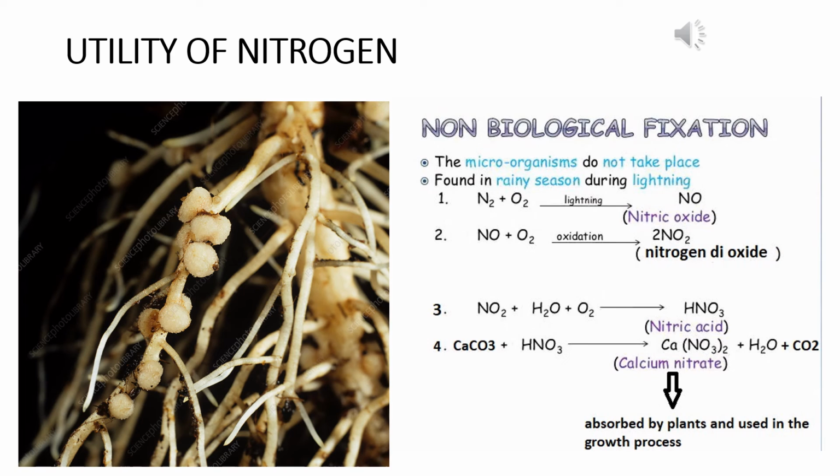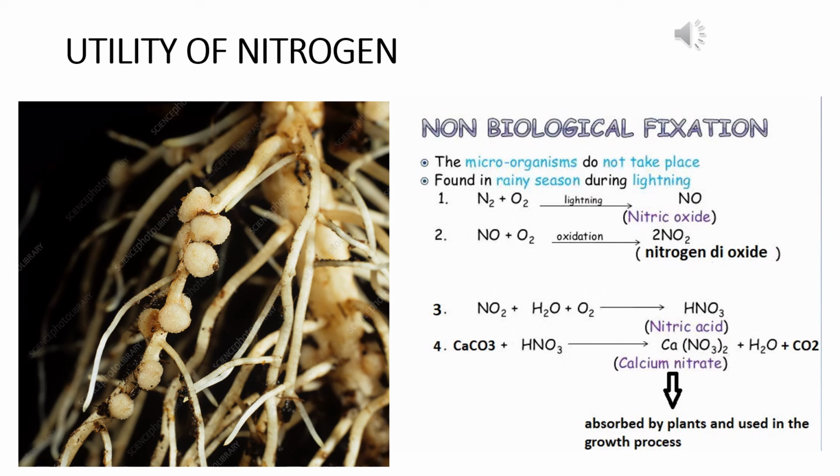The biological way of nitrogen fixation is done by a particular bacteria called rhizobium, which lives in the root nodules of leguminous plants like pea, beans, etc. They fix the atmospheric nitrogen into soluble nitrate forms in the soil, which get absorbed by the plant, and the plant uses that nitrate.